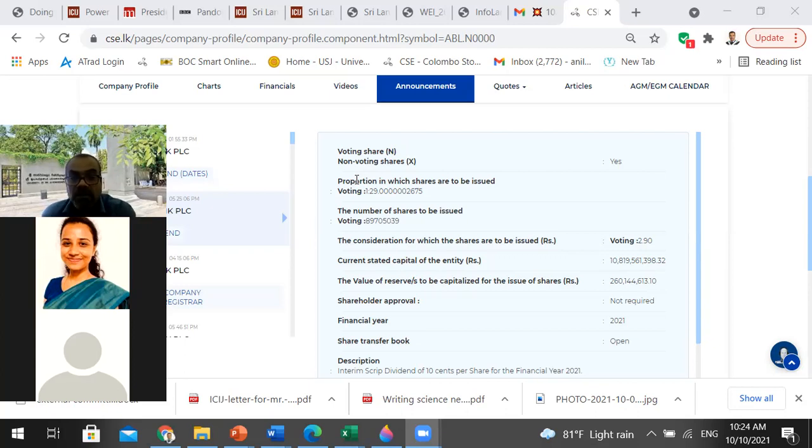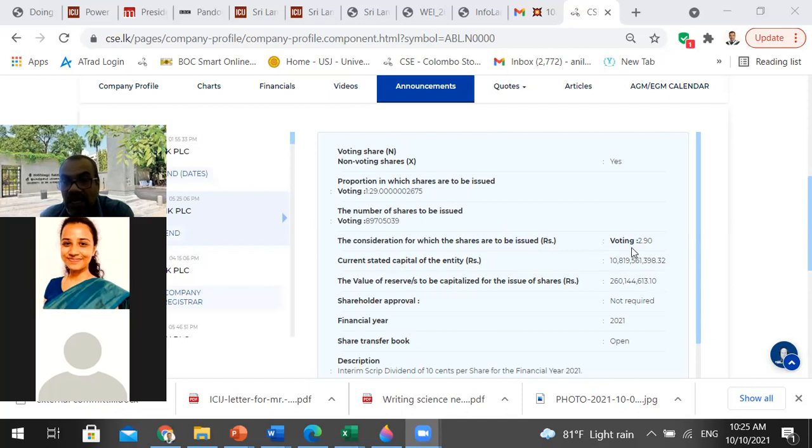So this is the example Amana Bank came out with. Amana Bank proposed, but here again, since the money is not taken from the shareholders, even in the case of scrip dividend, money is not taken from the shareholders. Money, or equivalent value, has to be transferred from reserves. Because of that, a certain value has to be determined.